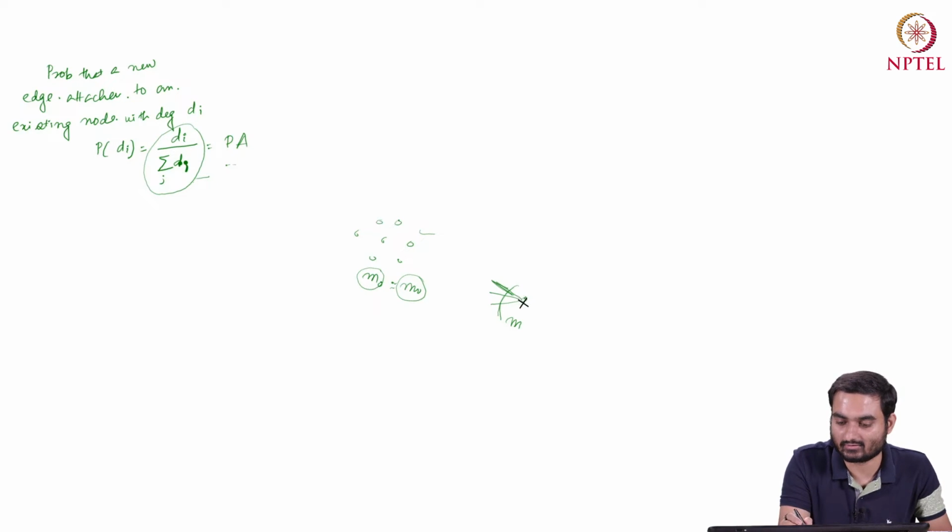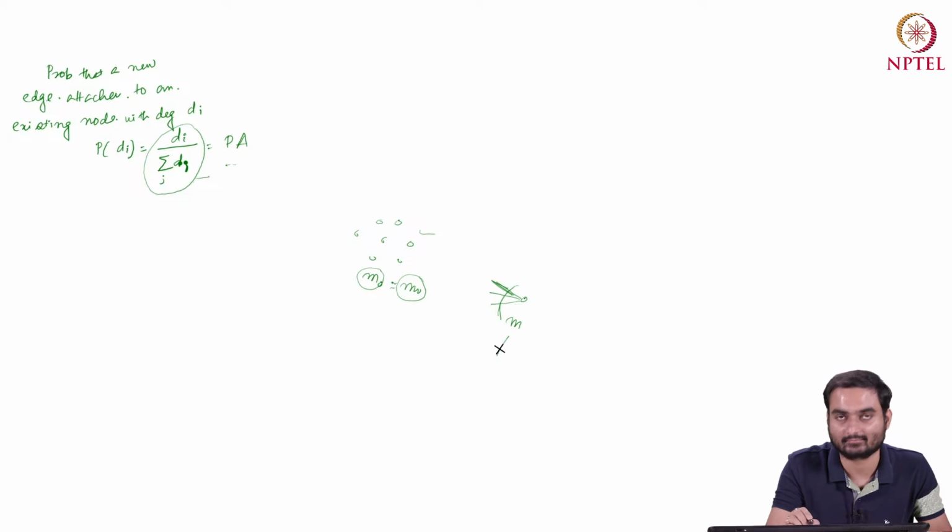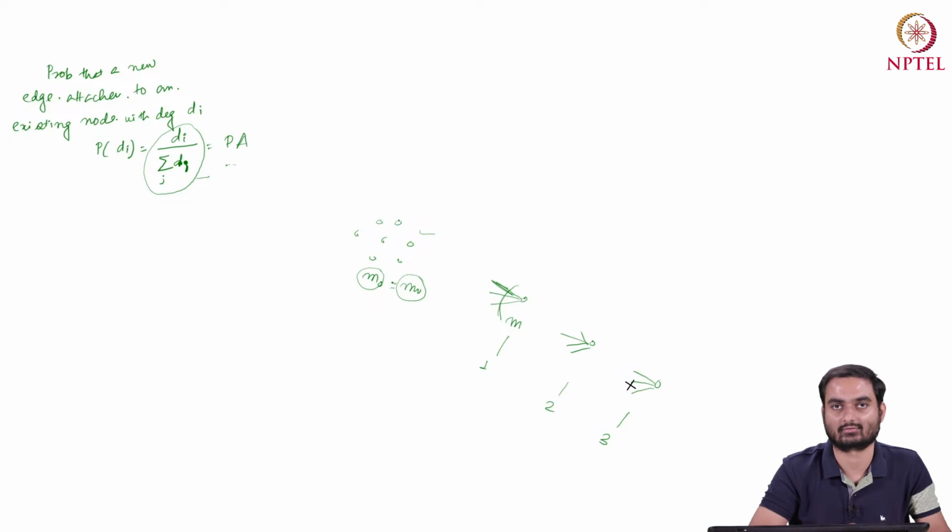So we basically need to determine when these nodes are coming in, and remember at every time only one node is coming in, only one node joins. So at time 1 one node joins, at time 2 another node with m edges joins, at time 3 another node with m edges joins, and so on and so forth, right?